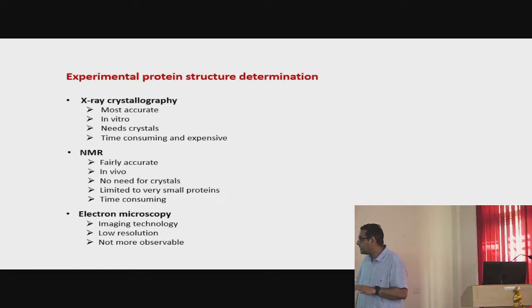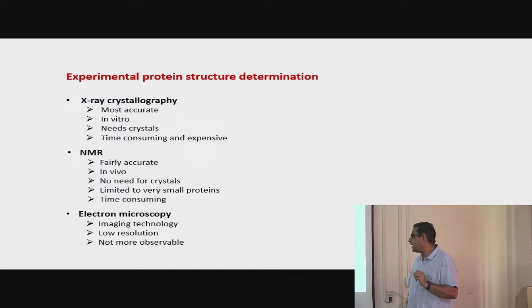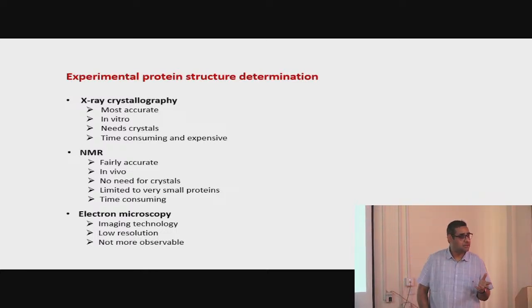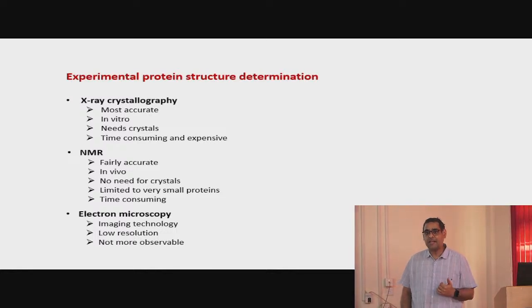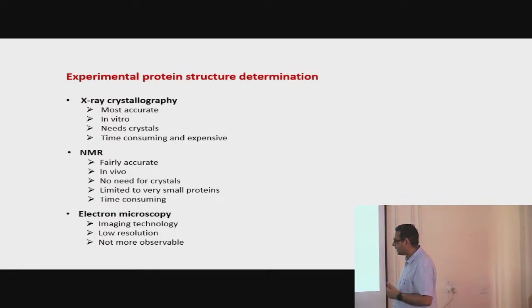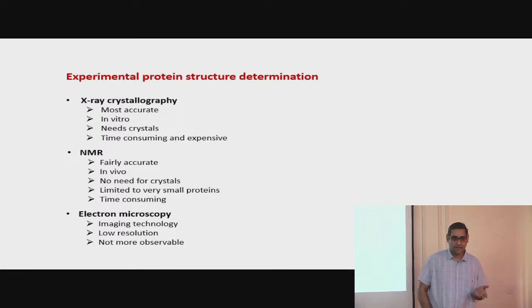Okay, so if you see these three techniques, most people have not followed all the techniques in one paper. If you follow maybe two techniques or one technique, the accuracy and the impact will always be limited. If you follow electron microscopy, an imaging technology, you just see what is happening.